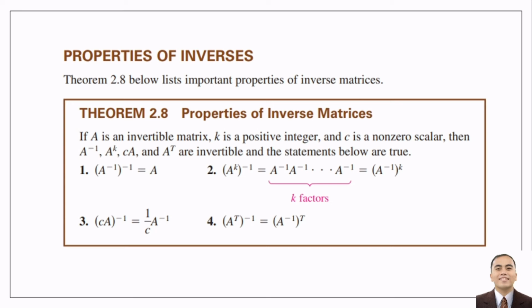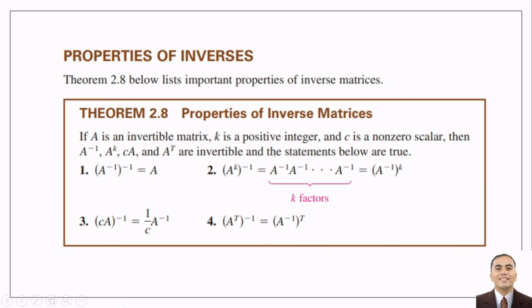Next, another property for inverse matrices. If A is an invertible matrix, K is a positive integer, and C is a non-zero scalar, then A raised to negative 1, A raised to K, C times A, and the transpose of A are invertible, and the statements below are true.